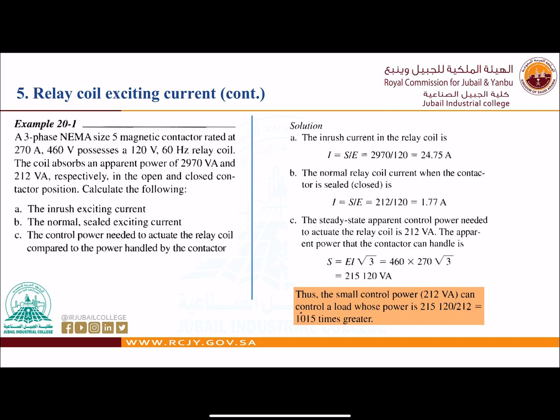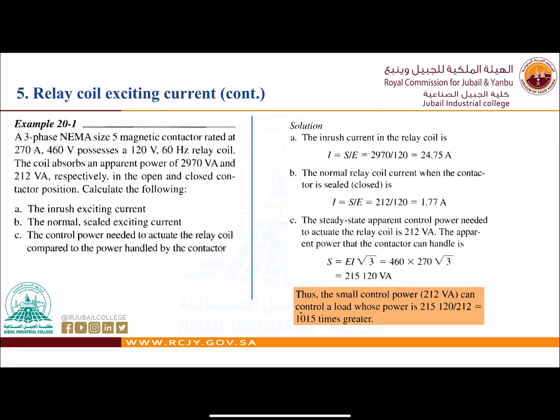Calculate the following: the inrush exciting current. The inrush current is in the relay coil, so we can take the current from the apparent power.